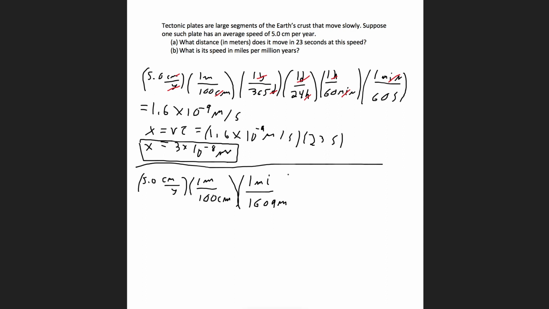That'll leave us with miles instead of our meters. So that gives us, multiply that, about 3.11 times 10 to the minus 5 miles per year.